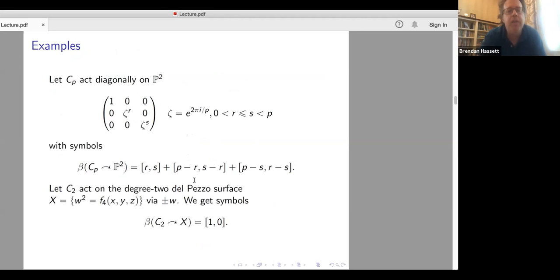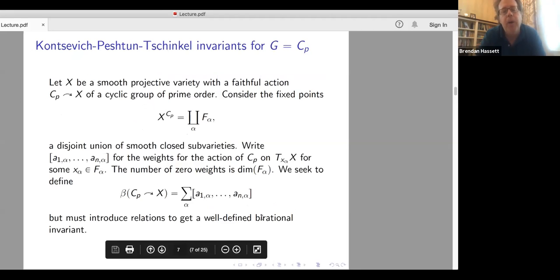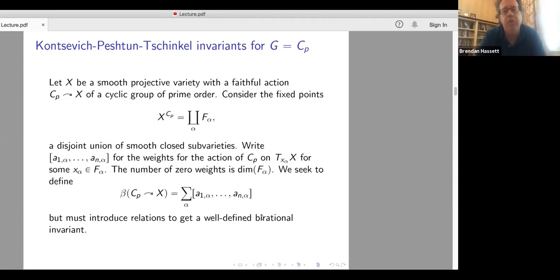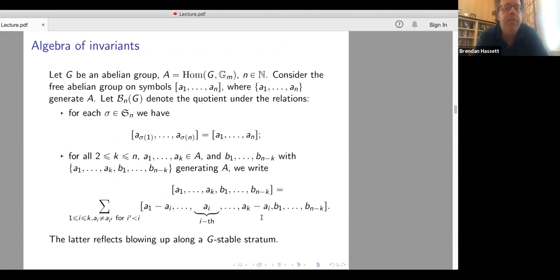My motivation was to have a well-defined invariant that reflected just the structure of the fixed points and the action on the normal bundles. So ordering the eigenvectors in the normal directions or the tangent directions is arbitrary, and I need to allow myself to permute them arbitrarily without changing the symbol.